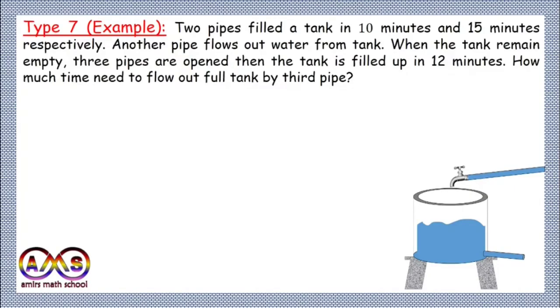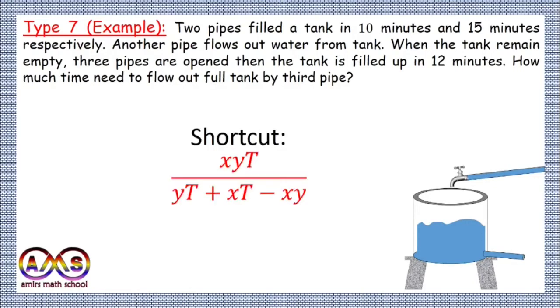If we want to solve this type of problem using the shortcut, the shortcut will be xyt divided by yt plus xt minus xy. Here x is the required time for the first pipe to fill the tank, y is the required time for the second pipe to fill the tank, and t is the required time when all the pipes are open.